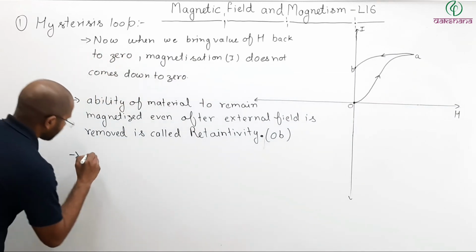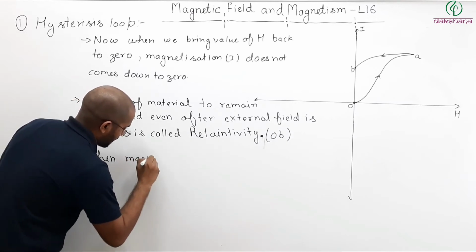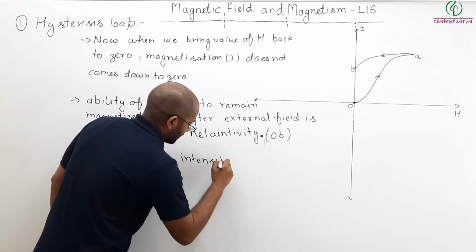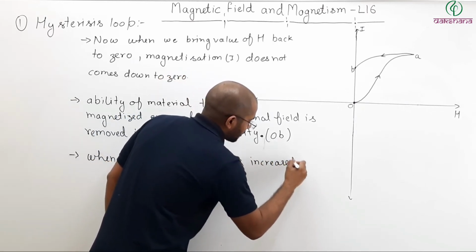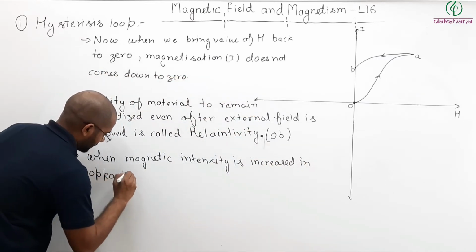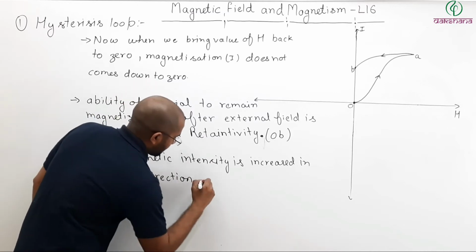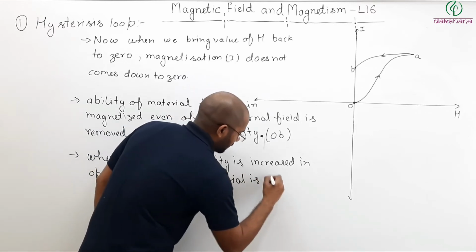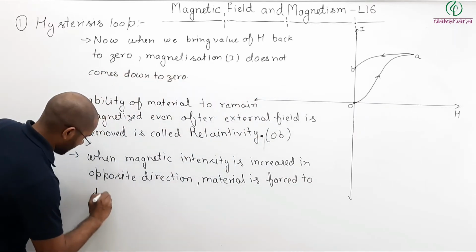So when magnetic intensity is increased in the opposite direction, the material is forced to demagnetize.